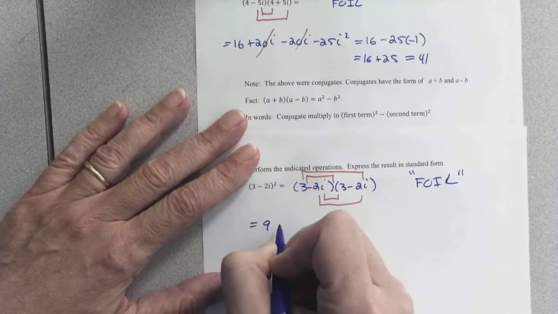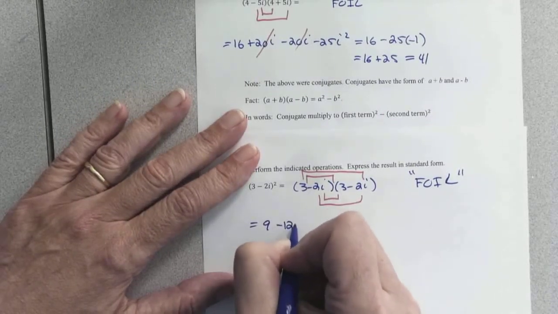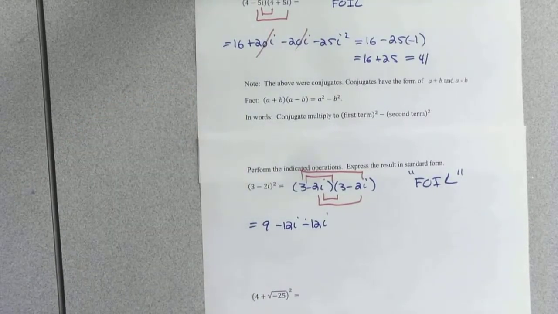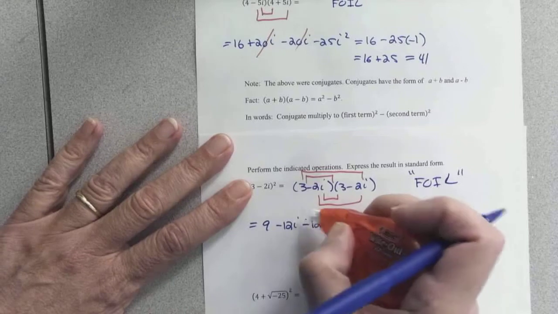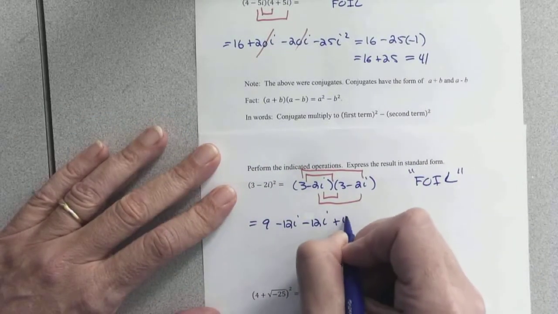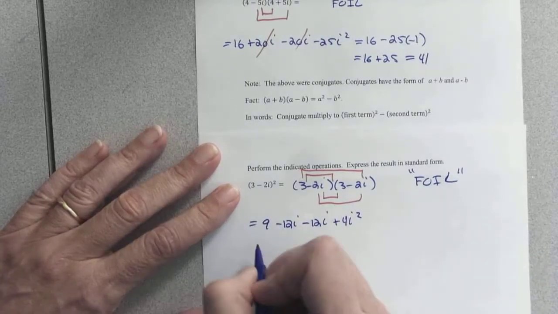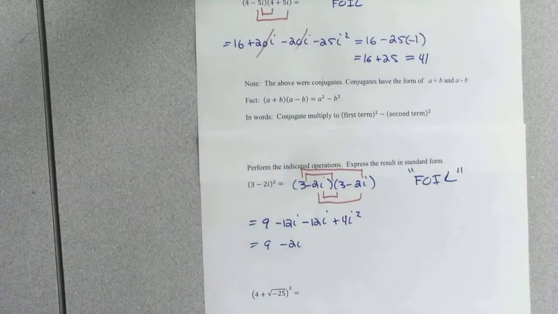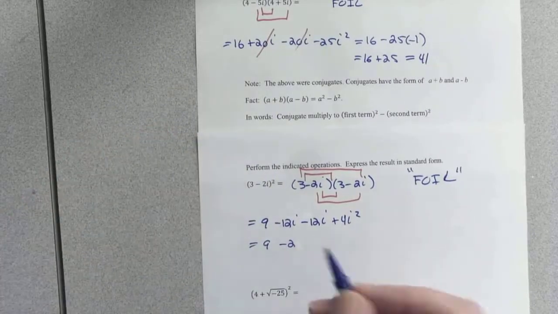And so we'll have 9 minus 12i minus 12i plus 4i squared, which is going to be 9 minus 24i. I got like terms in the middle.